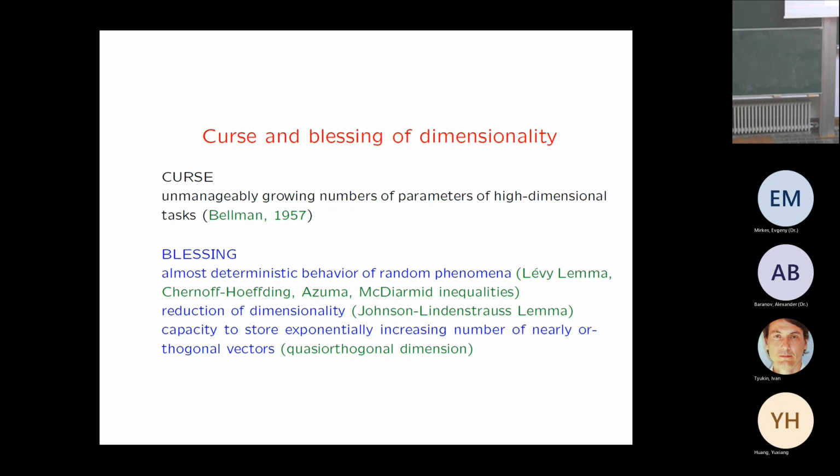There's another very nice consequence of Levy's lemma, which I won't talk about today, but it has an impact on reduction of dimensionality, that projection to something of log of the original dimension behaves nicely. And as I say, also this quasi-orthogonal dimension, you can store a lot of almost orthogonal vectors, which in many applications is fine since you don't care about little imprecision.